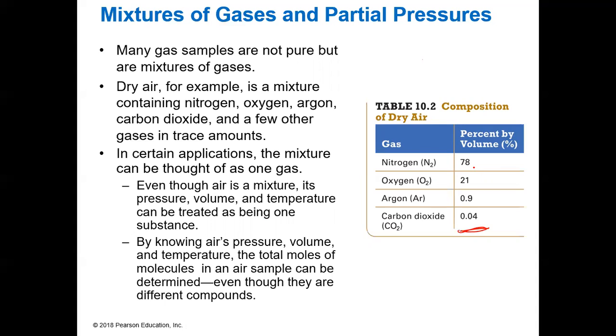I'm not in a room where I'm treating the nitrogen with one pressure, the oxygen with another pressure. It don't work like that, okay? They're all under the same pressure, same temperature, same volume.